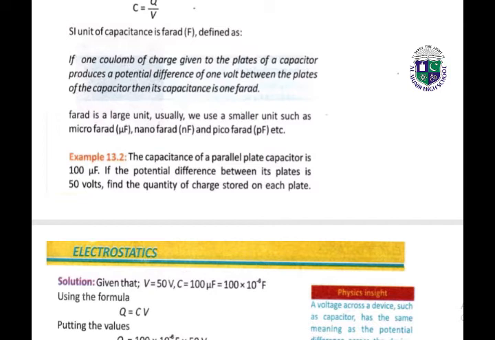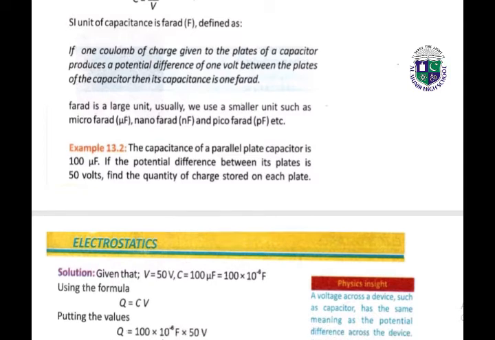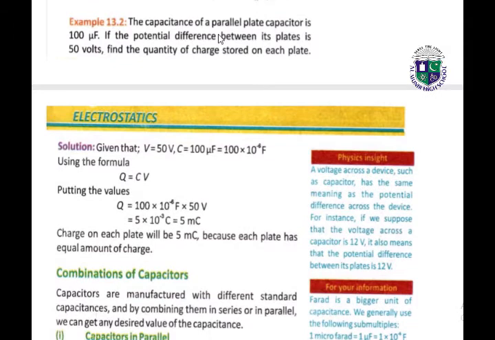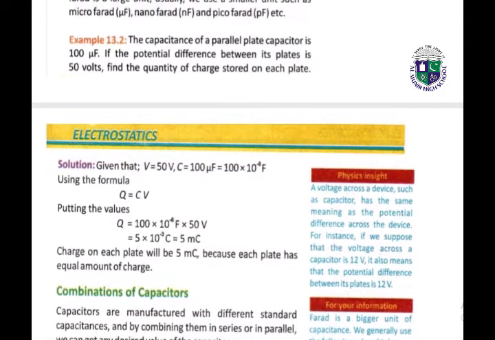Students, here we have example 13.2. Look at the statement of this example. The capacitance of a parallel plate capacitor is 100 microfarad, which is given. This sign shows that it is 100 microfarad. If the potential difference between its plates is 50 volts, find the quantity of charge stored on each plate.